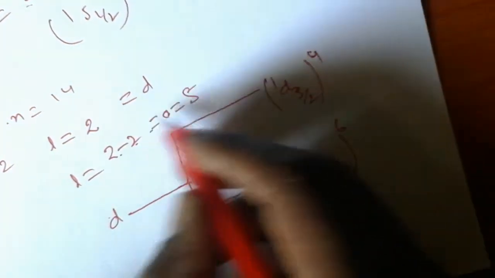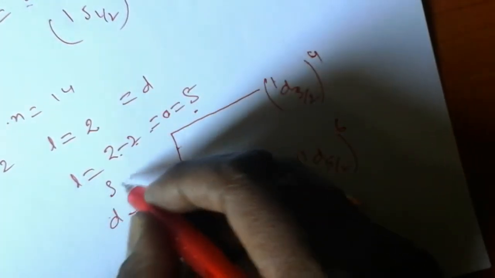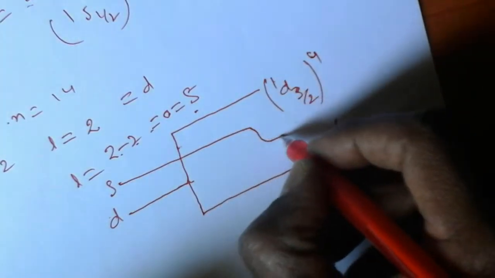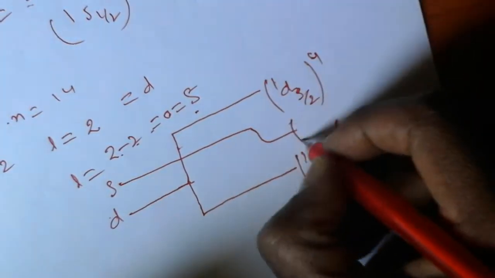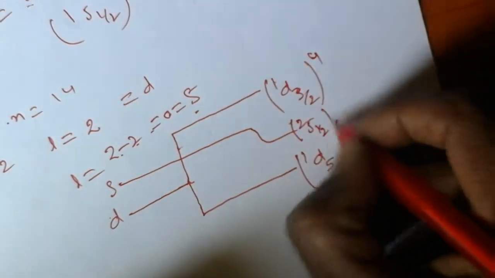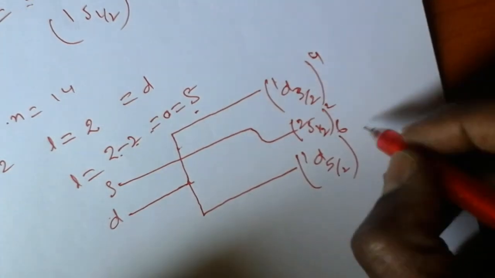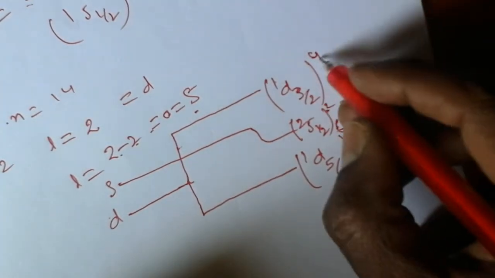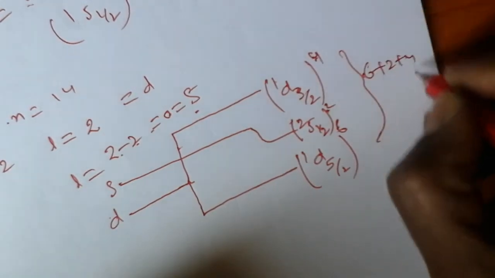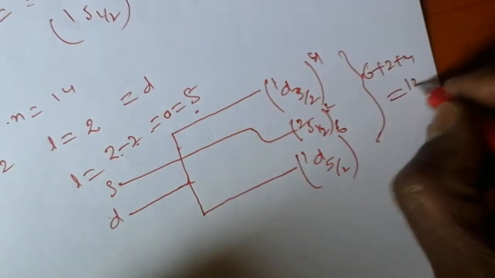So here s is also coming, so I can write s here. The second time s comes, that's why 2s 1/2 to the power of 2. So 6 plus 2 plus 4 is equal to 12.